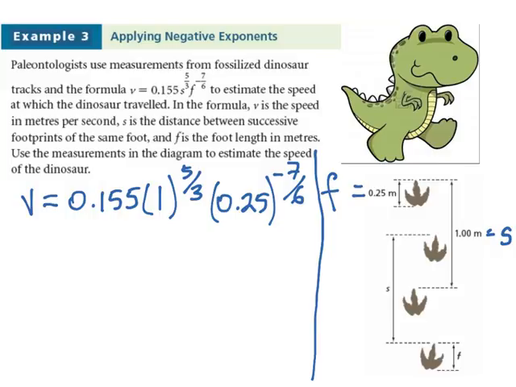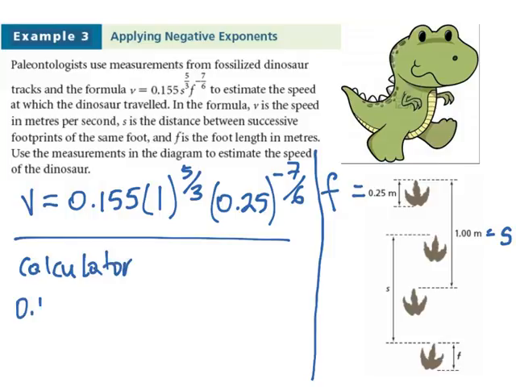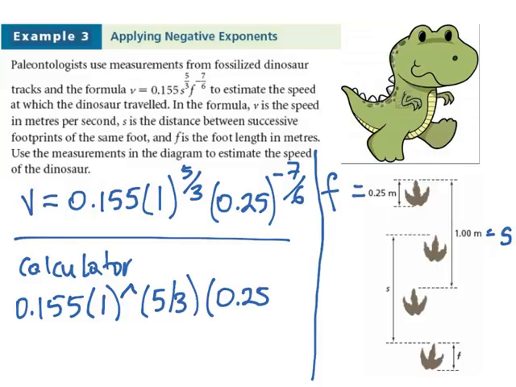And this is how you should type this into your calculator. Type in 0.155, and you could use a bracket or multiplication. I'll use a bracket. 1 hat, and I start another bracket, 5 divided by 3, and close bracket. Then start another bracket or multiplication, 0.25, do a little hat, and in this case, make sure that you don't forget the negative sign.